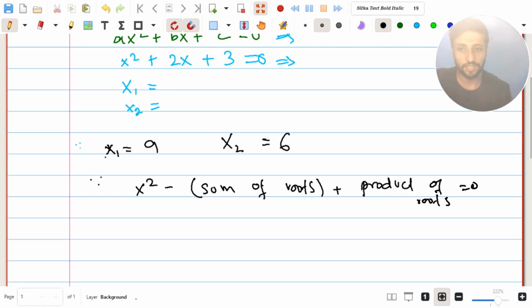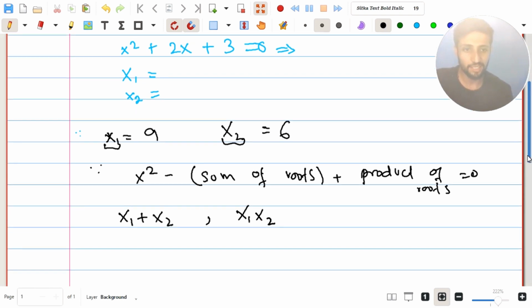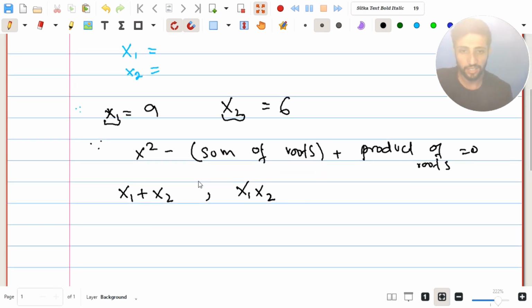Let's suppose x1 is my root 1 and x2 is my root 2, and if I want to rewrite this whole formula in terms of x1 and x2, then the sum of x1 and x2 is simply x1 plus x2, and the product of x1 and x2 is simply x1 into x2. So just rewrite this formula in terms of x1 and x2. Then I will get x square minus (x1 plus x2)x, this is my sum, plus product of x1 and x2, which is simply x1 into x2, is equal to 0.